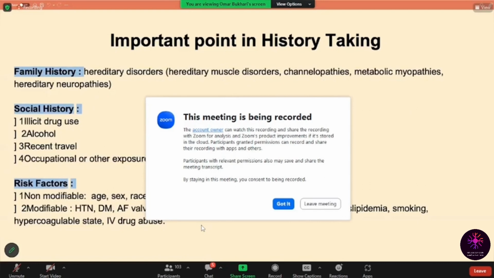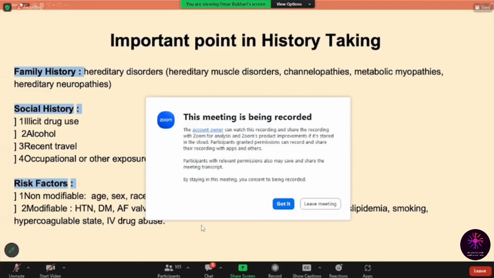Also, family history of any neurological or hereditary disorders, such as MS, or family history of strokes, can increase the chance for the patient to develop stroke.